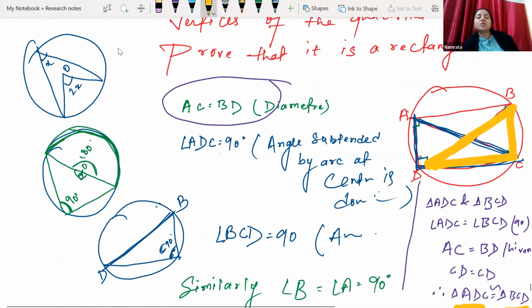AD and BC are of the same length. That means opposite sides of this quadrilateral are of the same length, right? And hence it's a rectangle. Can we say? Is it clear now? Yes, ma'am. Okay, let's move ahead.